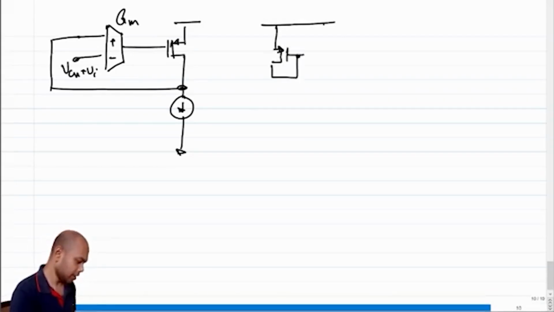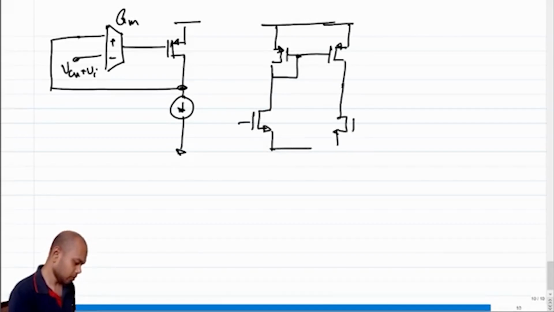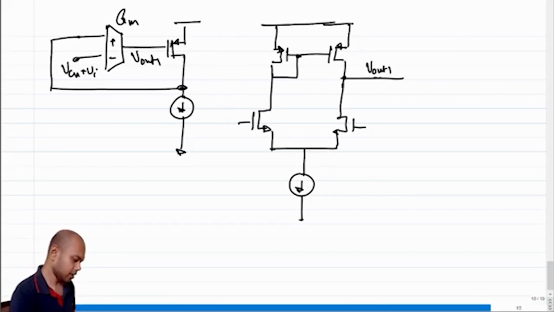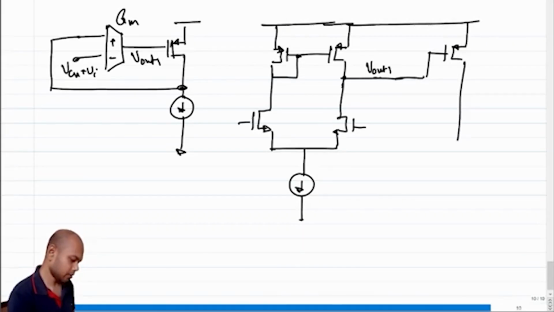We have done it multiple times. What is the second stage? This is Vout1. The second stage is a PMOS second stage, right? So this is I2.